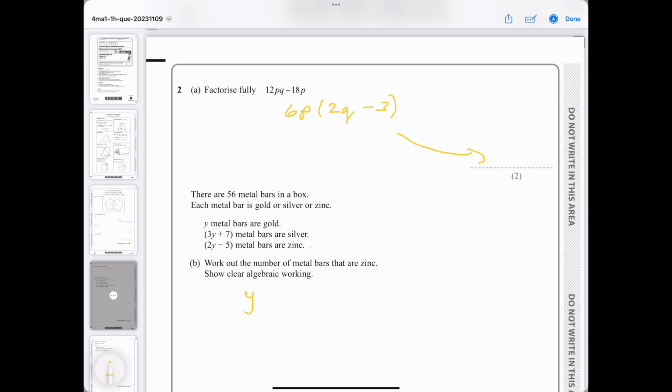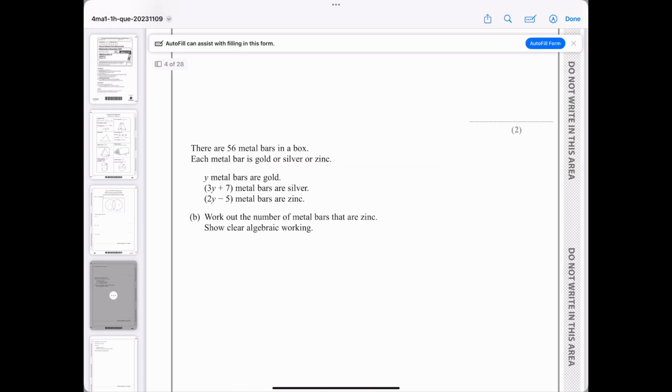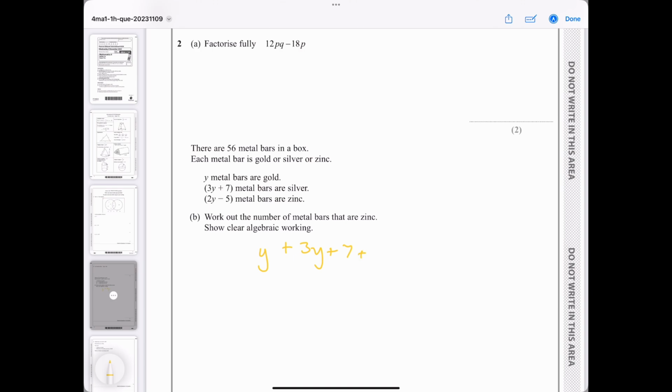We know that y plus 3y plus 7 plus 2y minus 5 equals 56. So just add up. You've got 6y on this side, and you've got 2, because it's 7 minus 5, equals 56.